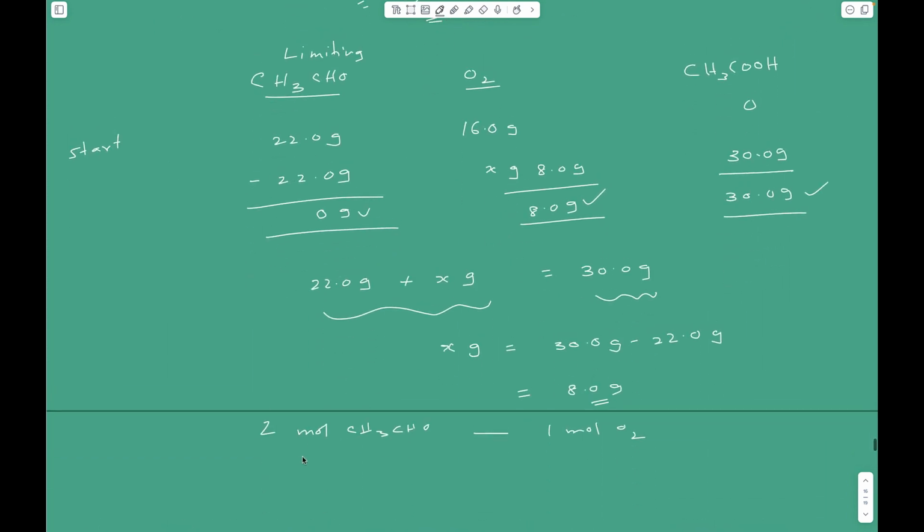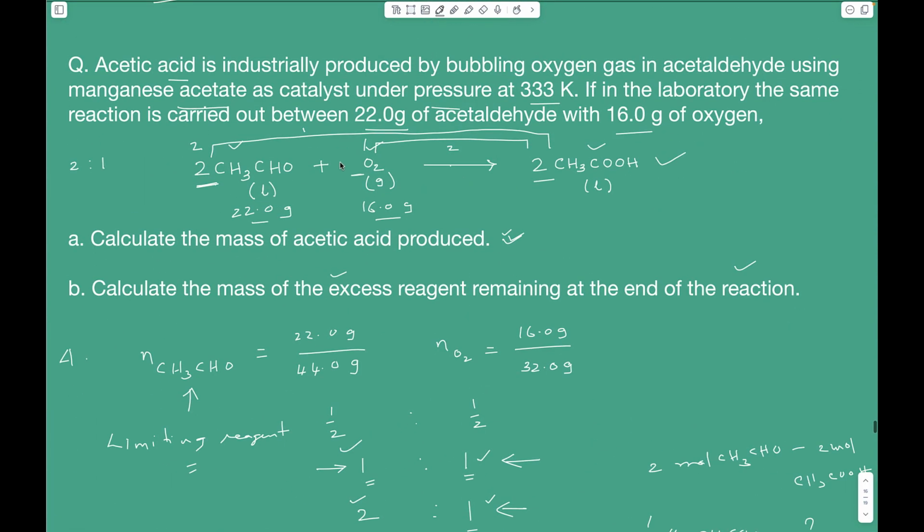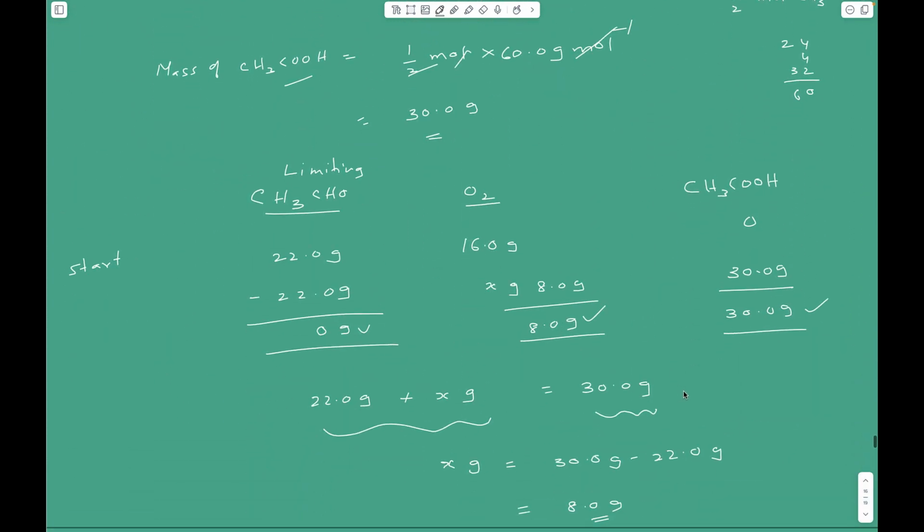So for half mole of acetaldehyde, how much oxygen is needed? So the number of moles of oxygen needed is equal to half mole multiplied with 1 mole over 2 mole. Then the answer would be 1/4 mole. So to react with half mole of acetaldehyde, we need 1/4 mole of oxygen for this reaction. What is the mass of 1/4 mole of oxygen?